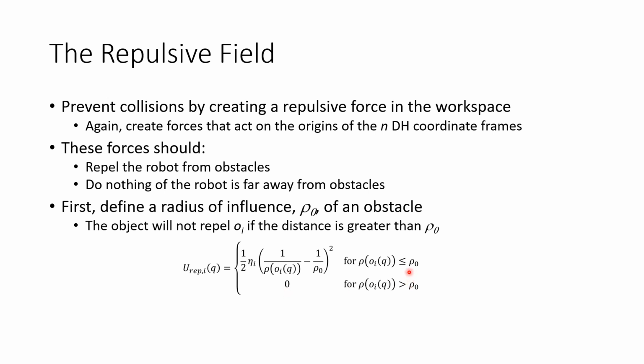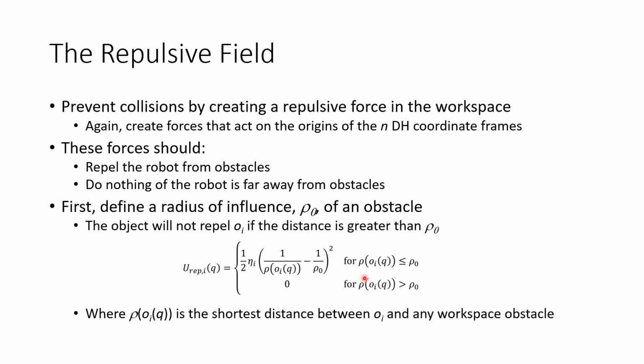But if it is less than that, then obviously you have this as the repulsive potential, where rho is the minimum distance between that particular point on the manipulator and the workspace obstacles. So this O_i, corresponding to the DH coordinate frames, can correspond to joint number 1, 2, 3, and 4, where you have placed these coordinate frames. So this is how you define the repulsive field.